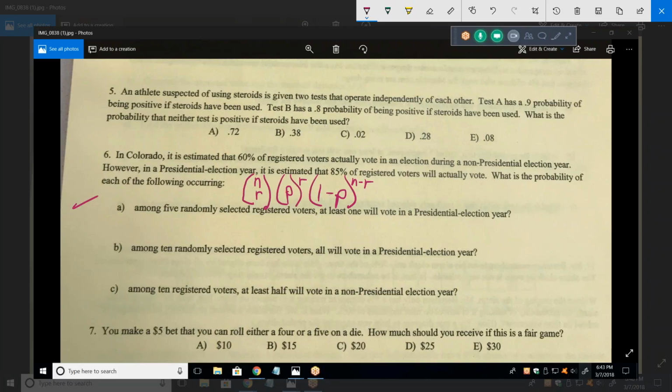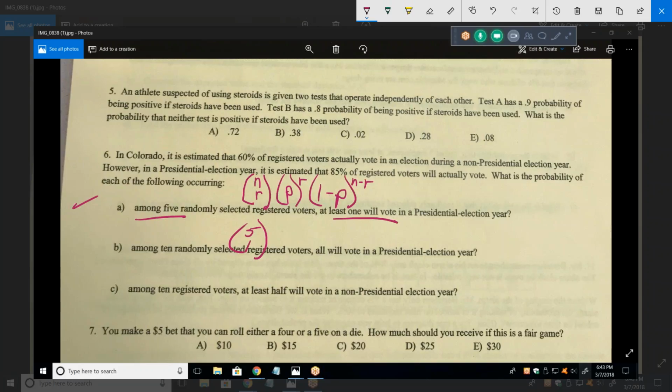At least r, 1 out of 5. r always has to be smaller or equal to n. So it's got to be 5 choose 1.